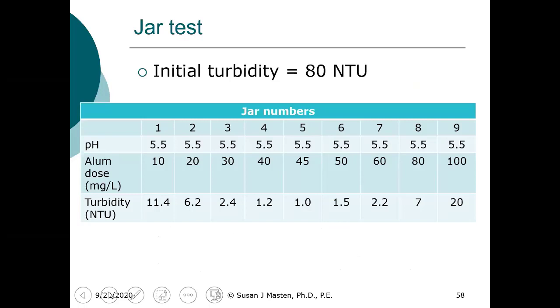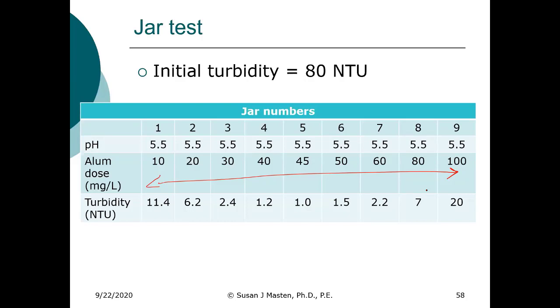So once we've determined an optimum pH, then what we want to do is determine the alum dose. And you can see here, pH is all constant at 5.5. The alum dose was altered from 10 to 100 milligrams per liter.